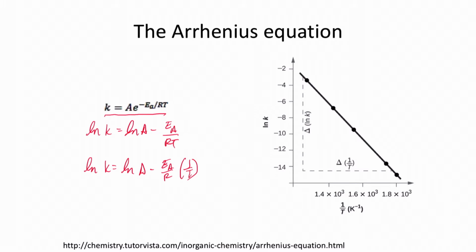A straight line has the equation y equals mx plus b. So if my y-axis is ln k, and my x-axis is 1 over temperature, then I can see by this equation that my slope is really minus the activation energy over R, and my y-intercept is ln A.